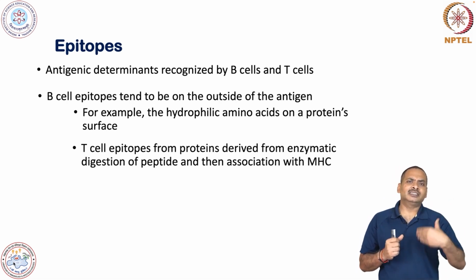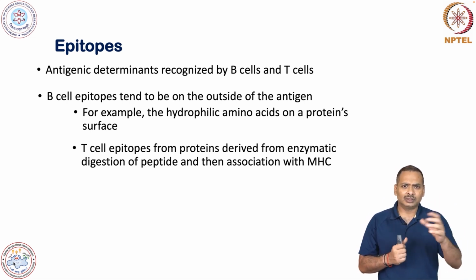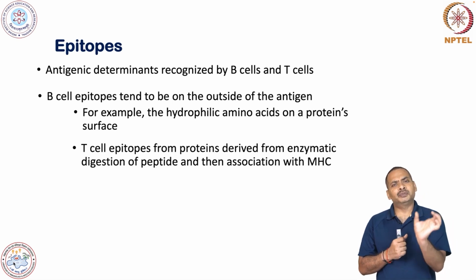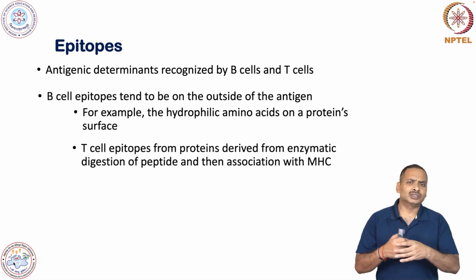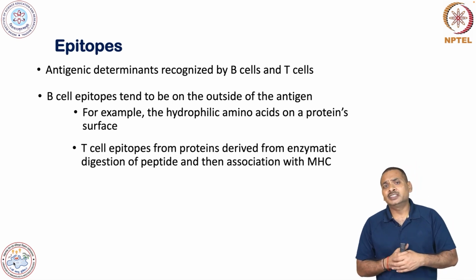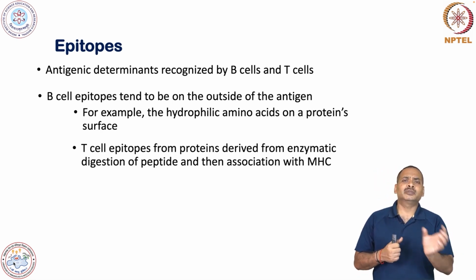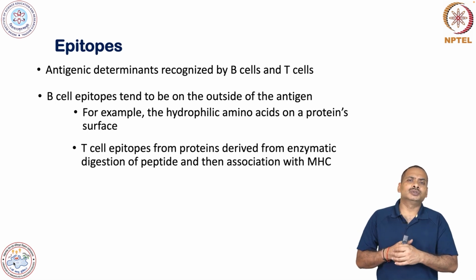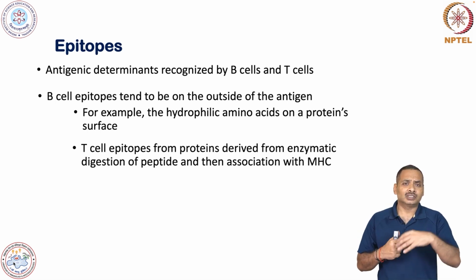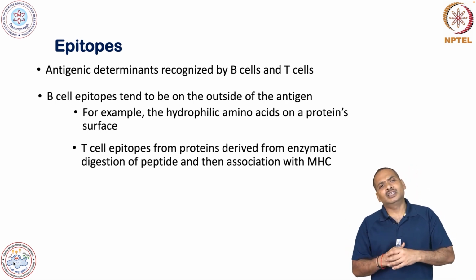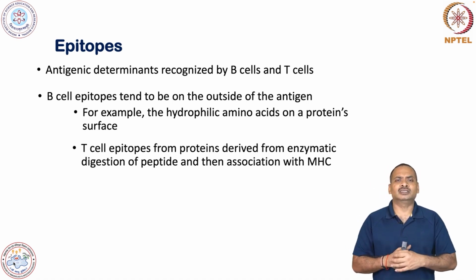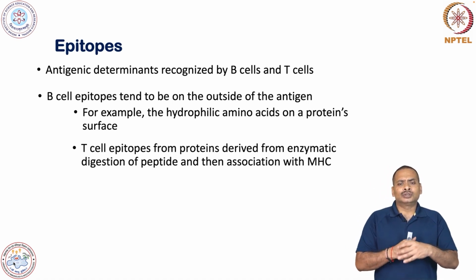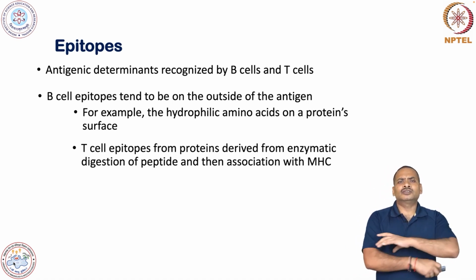Then that digested protein turns into peptide, and this peptide is associated with MHC class 2 if it is a TH cell. In case of TC cell, it's MHC class 1 molecule. So, these peptides are presented along with the respective MHC, and then that will activate the respective T cells.